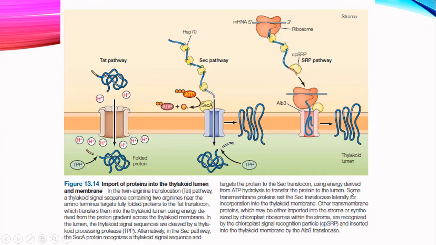What's next? Some transmembrane proteins exit the SEC translocase laterally for incorporation in the thylakoid membrane. So some of the proteins may also enter the thylakoid lumen or the intermembrane. They can be embedded within the membrane, while some will go to the thylakoid lumen.